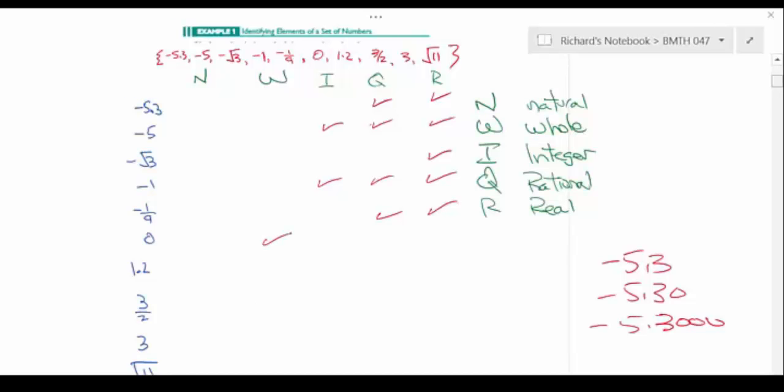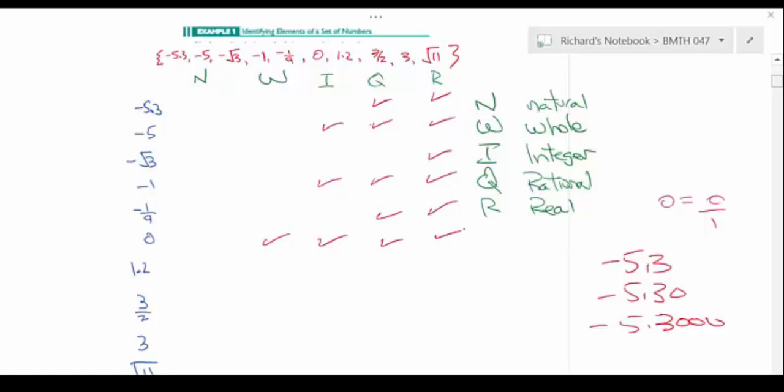And because 0 is a whole number, that means it's contained in all the other sets. They're all contained one within the other. 0 is an integer. We've seen that on a number line. And it's also a rational number because you could say 0 is the same as 0 divided by 1. So 0 actually is a rational number.